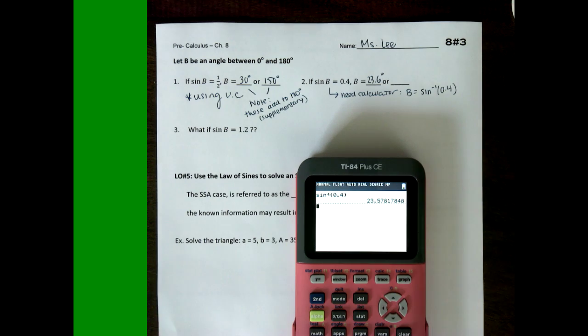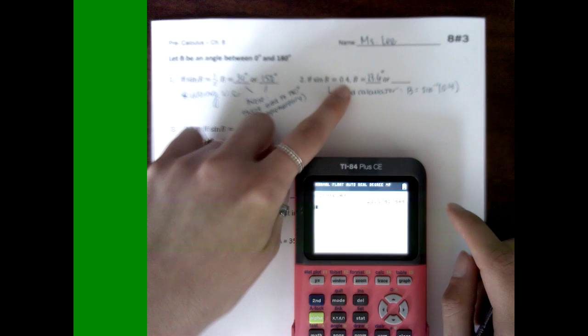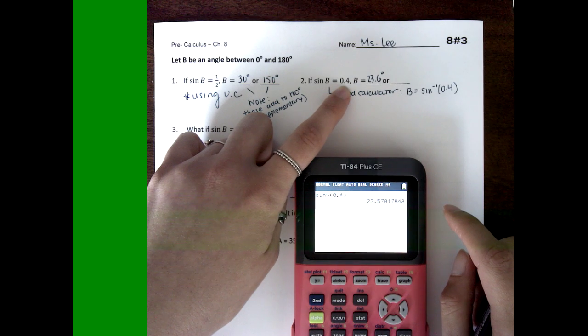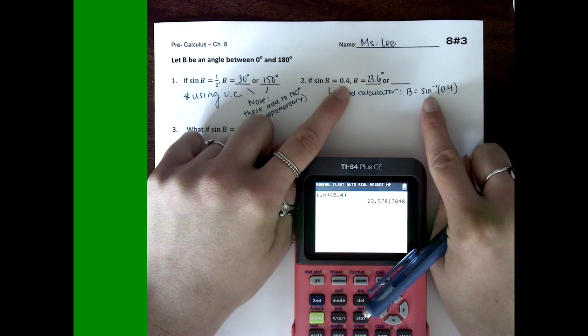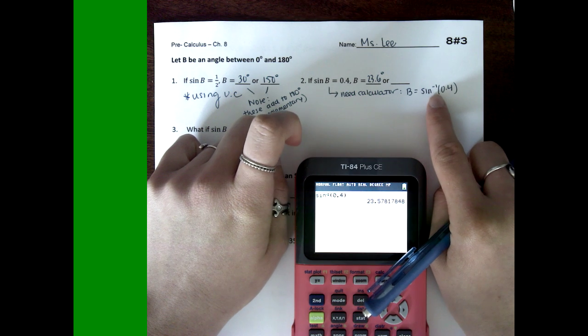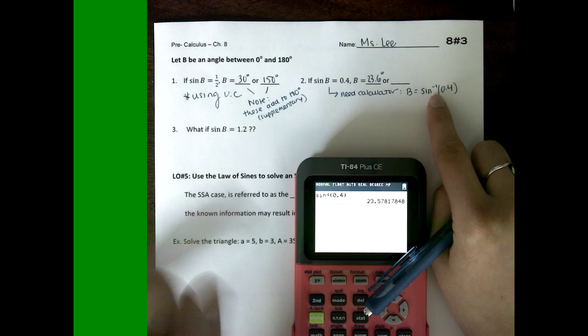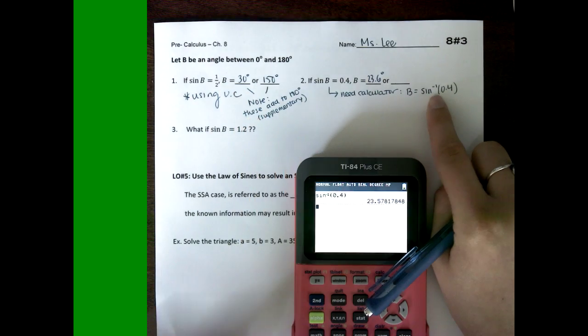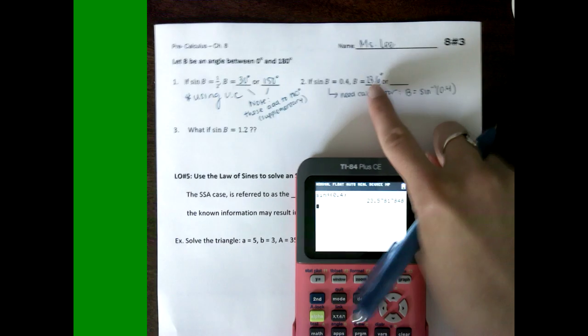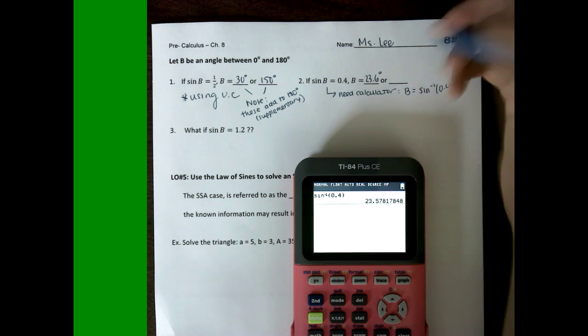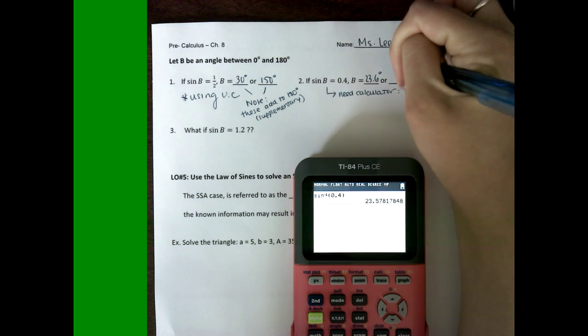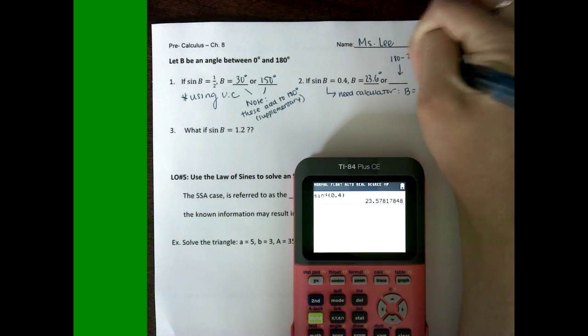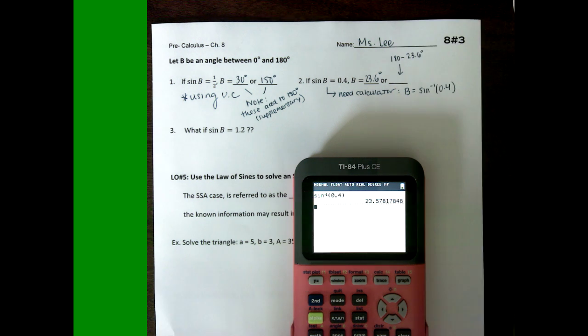Right? But there is another angle that sine of b equals 0.4. This is inverse sine when we typed it in, so it's only giving you one answer, but there are two between 0 and 180. To find the other one, you just need to find the angle that is supplementary to this one. So you have to do 180 minus 23.6 degrees.